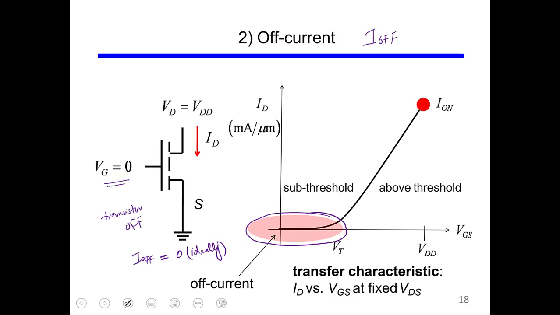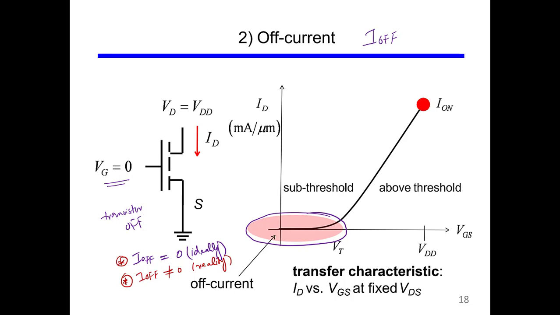In reality there is a significant amount of current, and why I said significant, because with the scaling of transistors, as we are moving towards smaller and smaller transistors, the I off current is not equal to 0. So this is ideal, and this is what reality is.